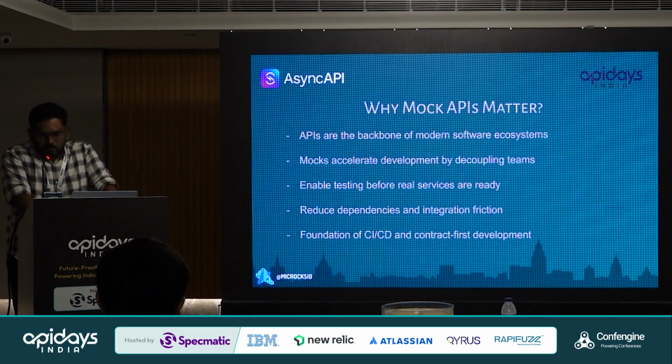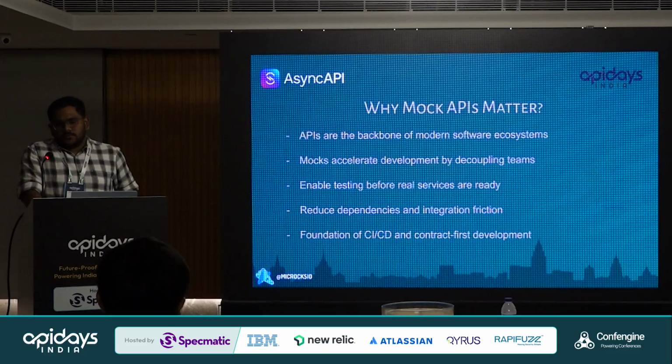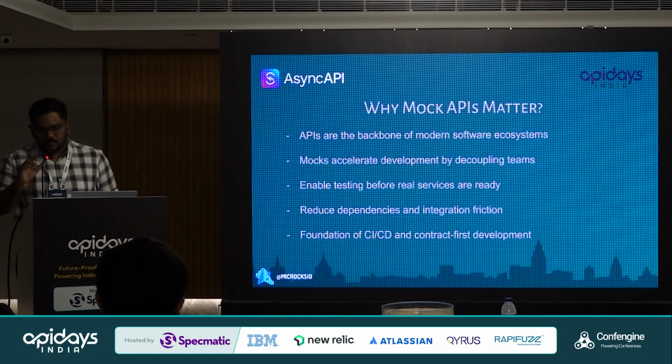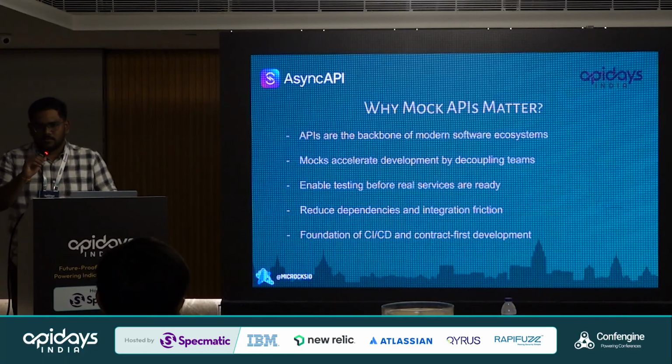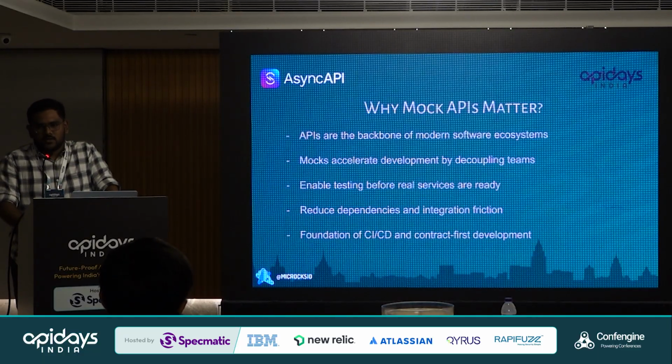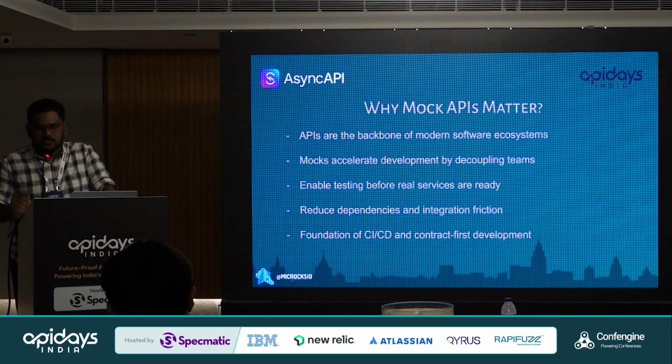Now, why does mocking APIs matter? There is a big rise in the contract-first approach. People start by defining contracts as their first priority, and then define their APIs and architecture based on those contracts.